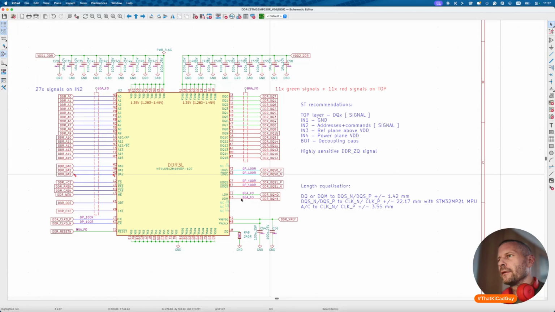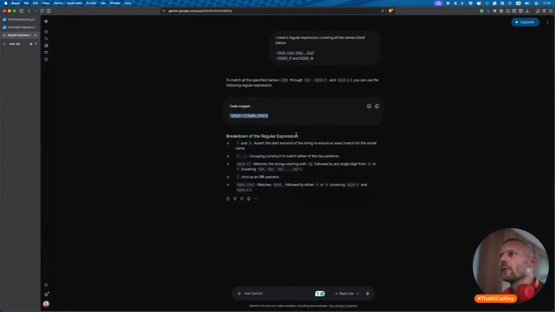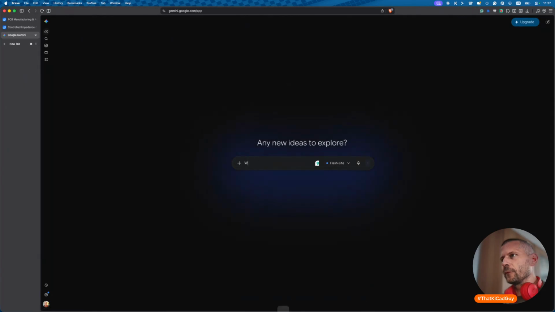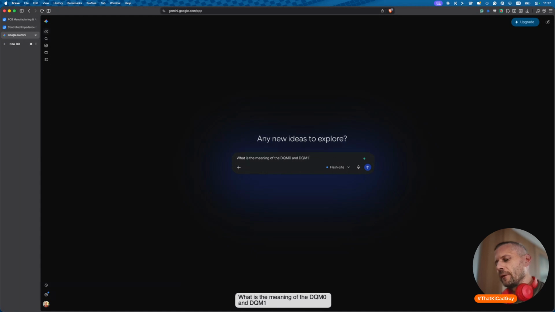What is the meaning of the DQM1 and DQM0 signals at DDR3L?